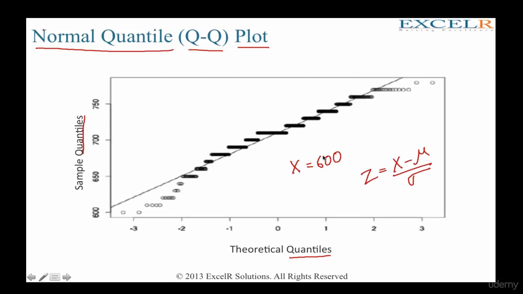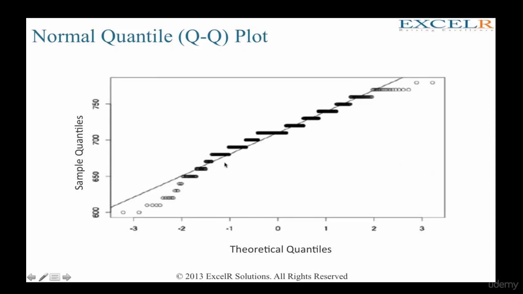So it is 600 minus mu, which is 711, upon 29. You'll get a corresponding standardized value. And if you plot in that way, and if the data points fall along the straight line, you can say that your data follows normal distribution.